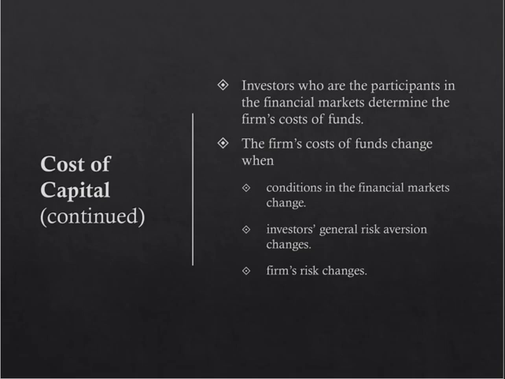The firm's cost of funds changes when conditions in financial markets change, when investors' general risk aversion changes, whether that investor is more or less averse to risk, and whether the firm's general risk changes. So market risk, investors' appetite for risk, or the firm's risk itself.